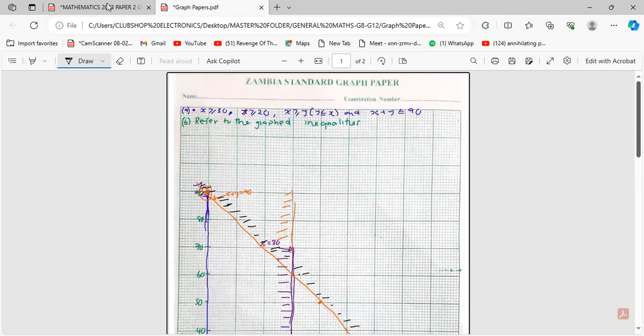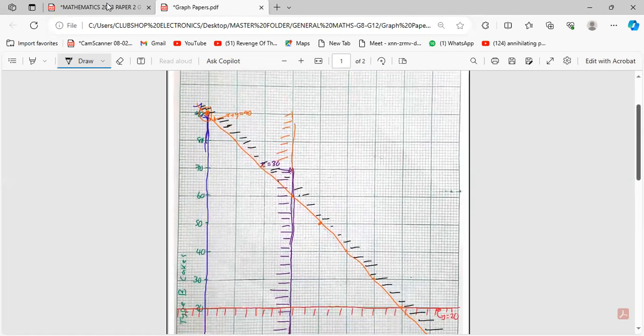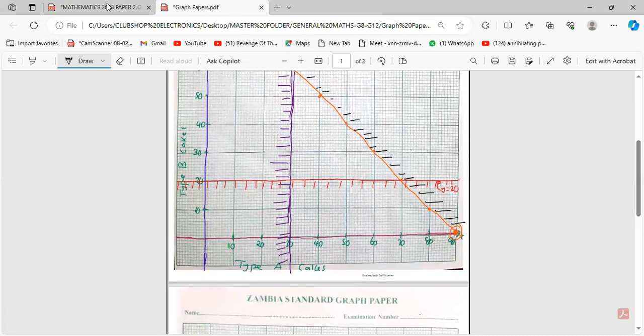The next one is y is less or equal to x, which passes through the origin. 0, 0; 10, 10; 30, 30; 40, 40.